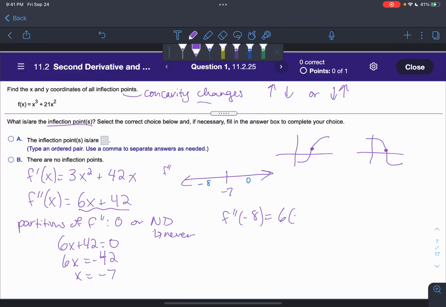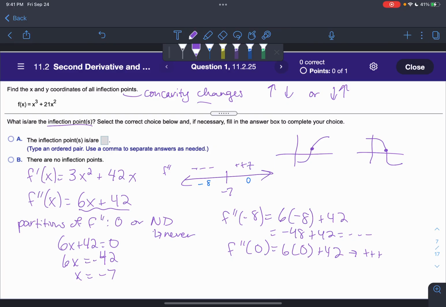Right, so 6 times -8 plus 42, that's going to give me -48 plus 42, which is a negative number, -6. And f double prime of 0, so 6 times 0 plus 42, that'll give me positive 42, so a positive number.